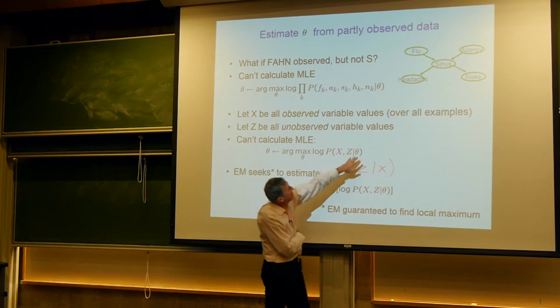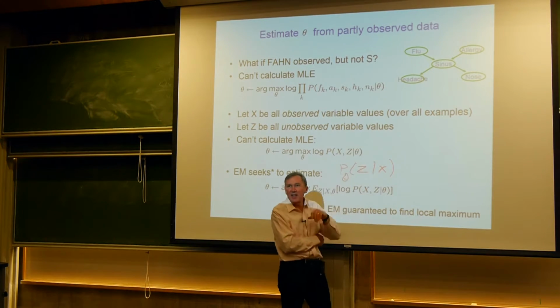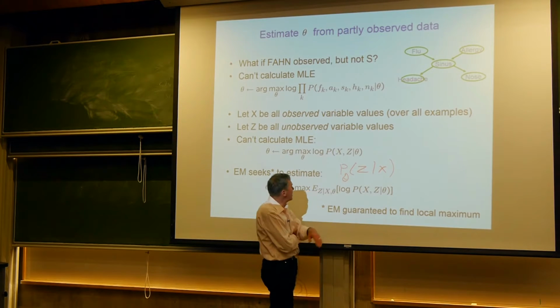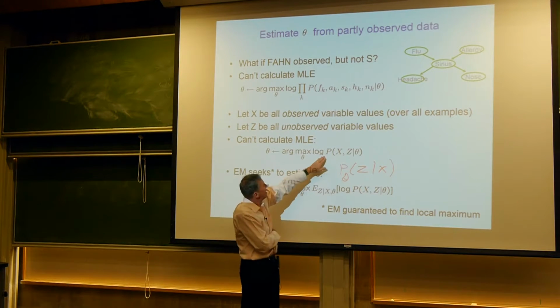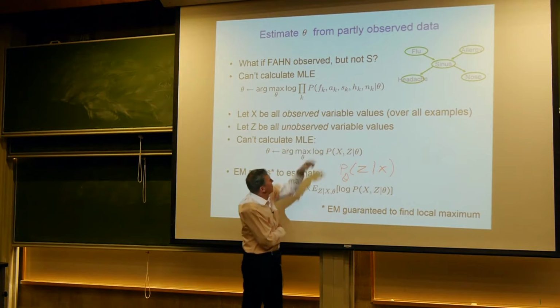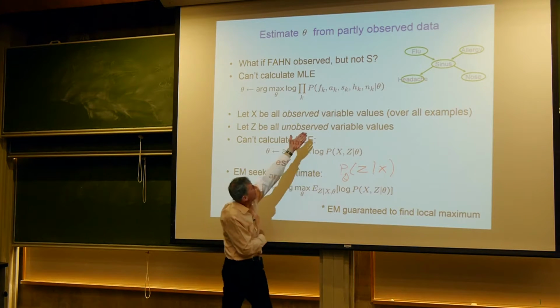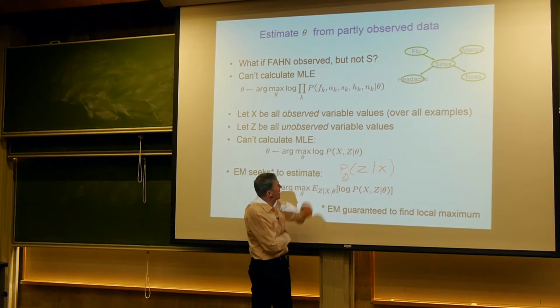To be concrete, we can't observe sinus. We can only observe the other 4 variables. So we can't really get the full maximum likelihood estimate because we can't observe the S's in the training data.